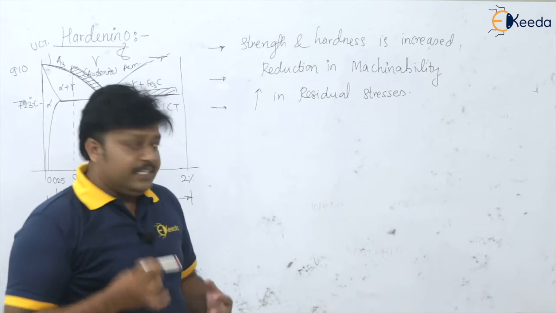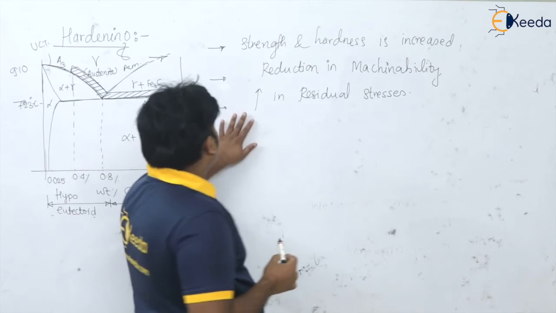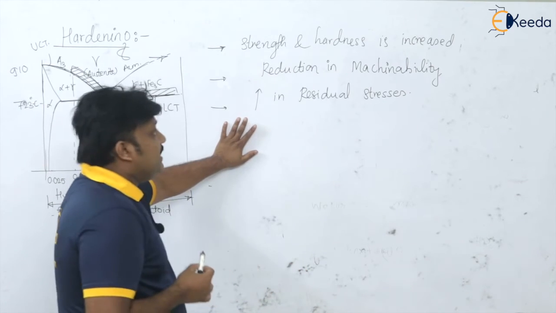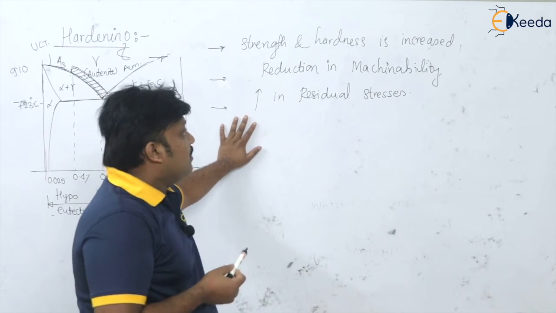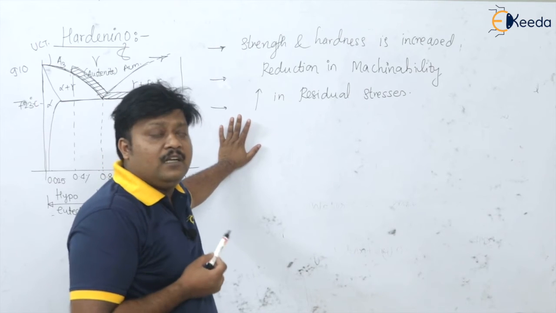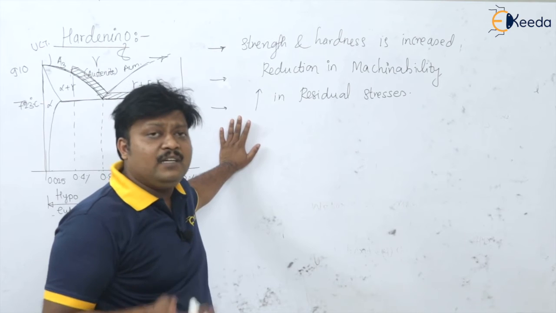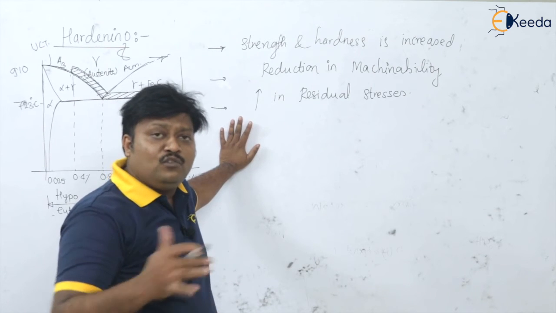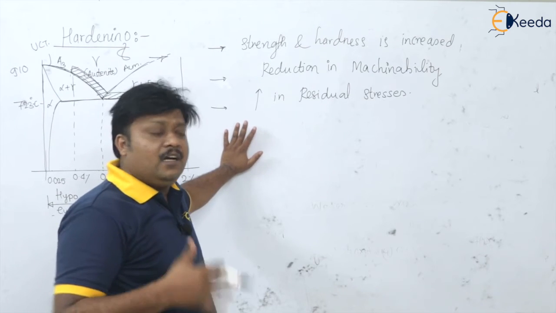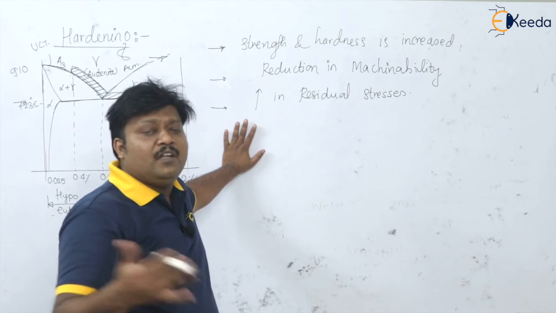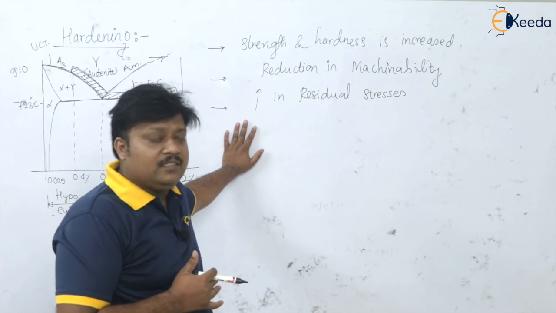Okay, now see here, this martensite is the product of the rapid quenching of this steel specimen, and as we know, this martensite is very hard and brittle. So we cannot use this martensitic structure for engineering applications.